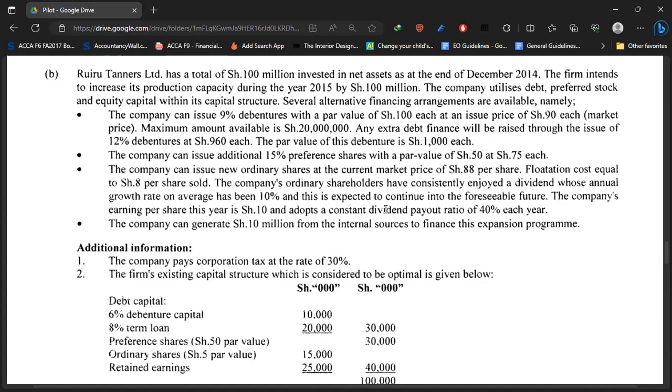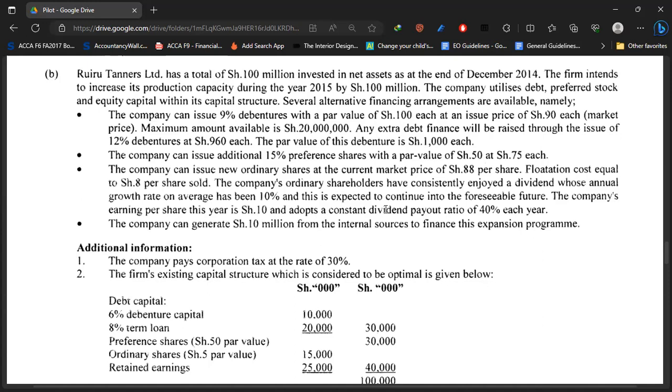Shareholders have constantly enjoyed a dividend whose annual growth rate on average has been 10%, and this is expected to continue into the foreseeable future. The company's earnings per share this year is 10 shillings, and it has adopted a dividend payout ratio of 40% each year.